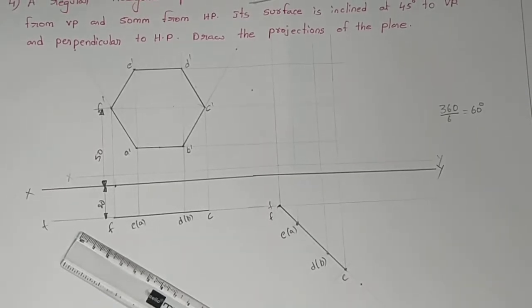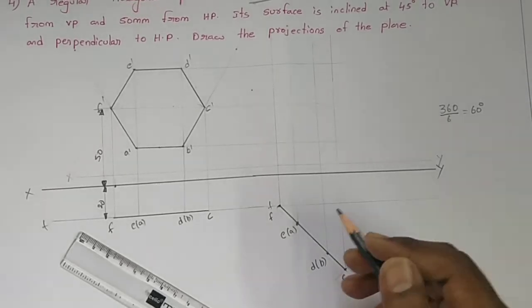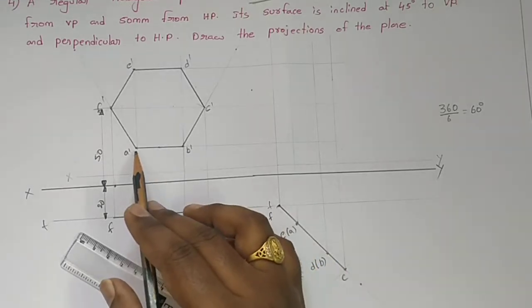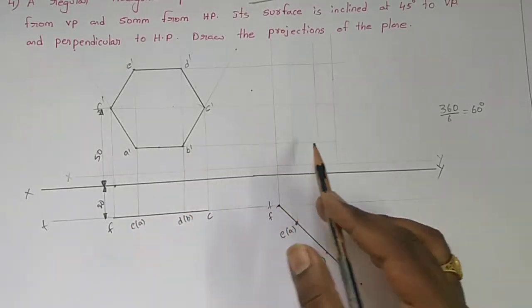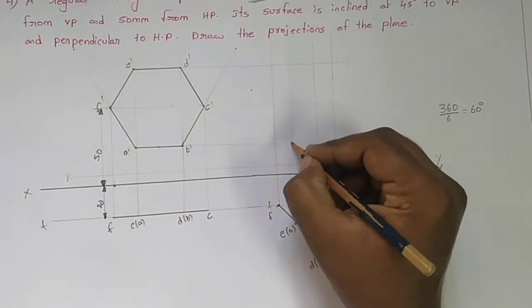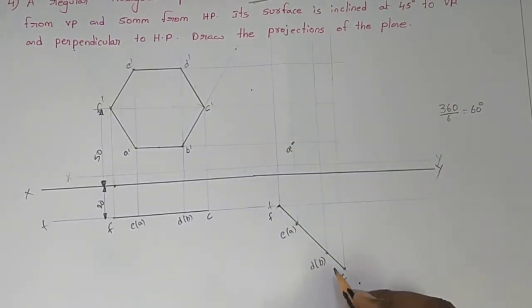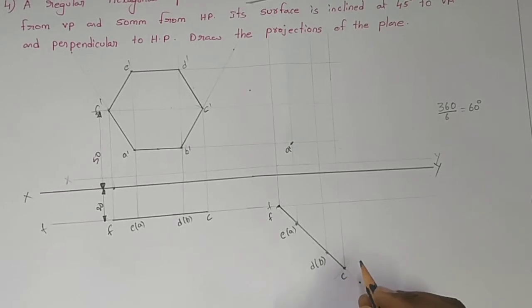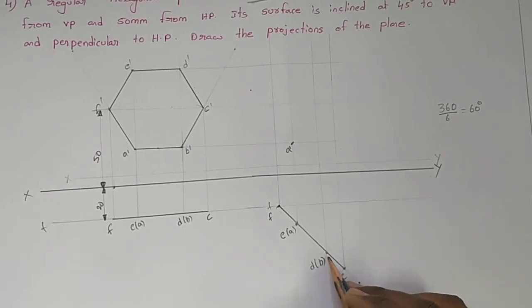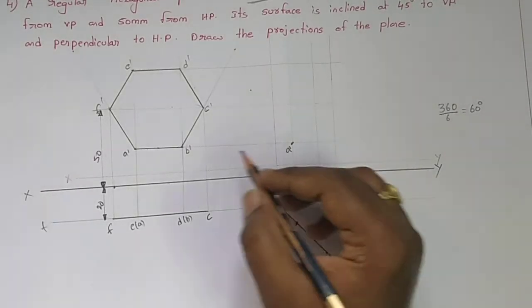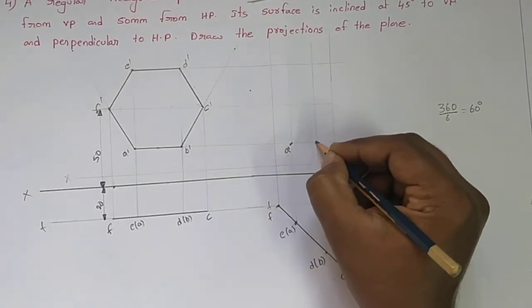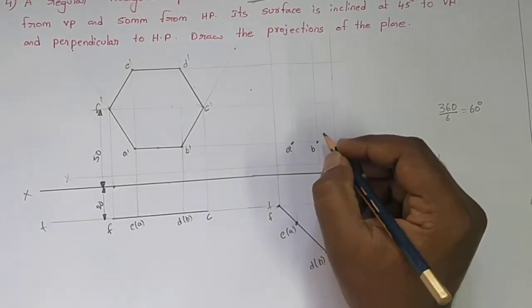We need to identify the notation. First I am coming from A. A is on this line, so it is point A dash. Similarly, here B. B is here, and this one is B, so it is B dash.